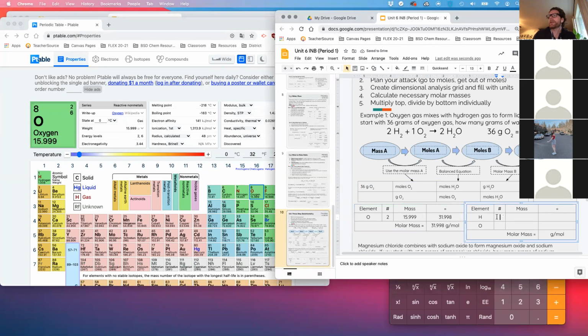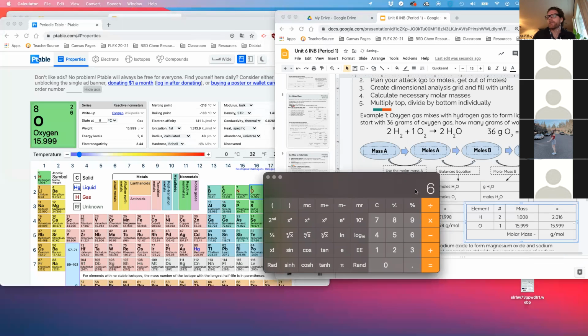Same thing over here. In H2O, there are 2 hydrogens and 1 oxygen. We just did oxygen is 15.999, and hydrogen is 1.008. That means 2 times 1.008 is 2.016, and that should be a 2 out in front. And this right here is 15.999.